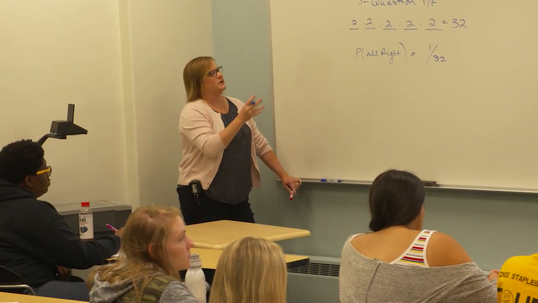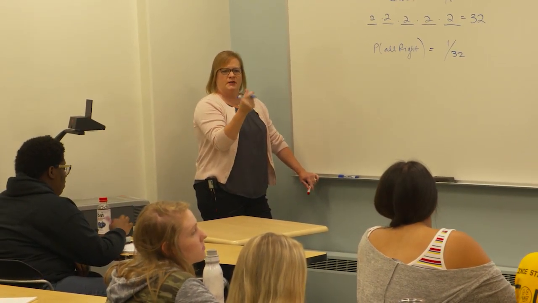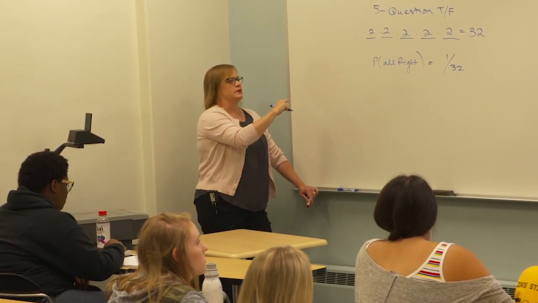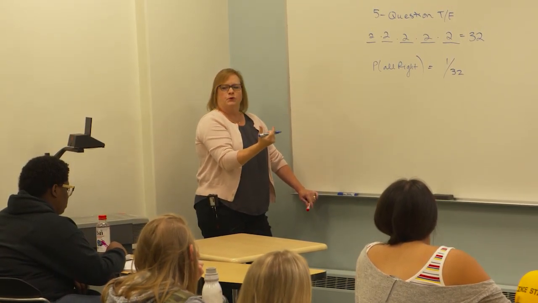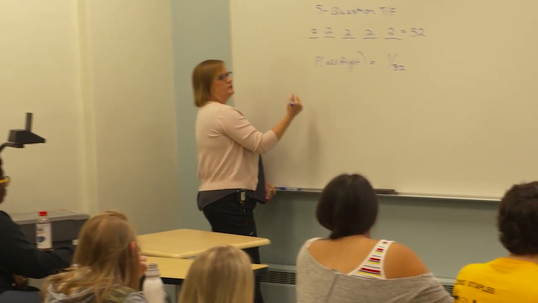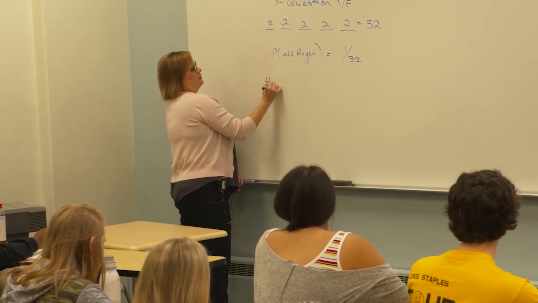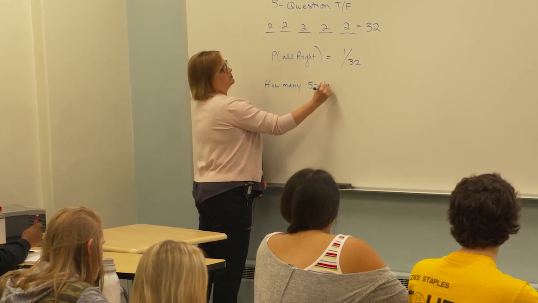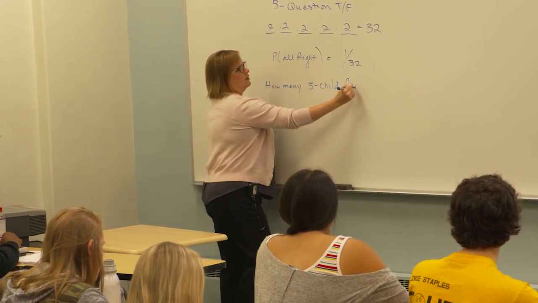Okay, so the other one that works like this, so there's the coin flip that has 2. There's true-false question. There's also the birth order in a family. So if I said how many 5-child families are possible?